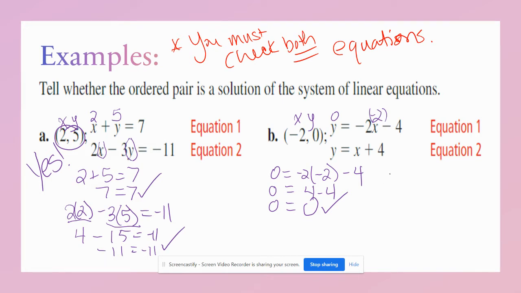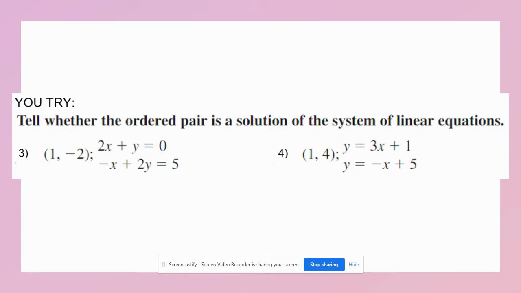For the second equation, 0 is equal to negative 2 plus 4, replacing this x with negative 2. Negative 2 plus 4 is 2. Does 0 equal 2? Nope. So this is not a solution. You try these two, bring these back to class.